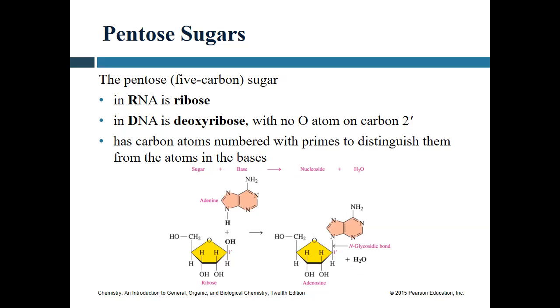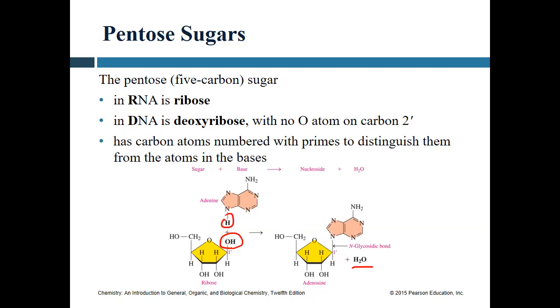So this is not an esterification reaction or even a peptide. This is simply what is called a dehydration reaction, where the hydrogen and the hydroxyl groups here are going to come off to form the water, and the carbon off of the ring is going to bind itself to the nitrogen in this base. That's what's going to create a nucleoside.